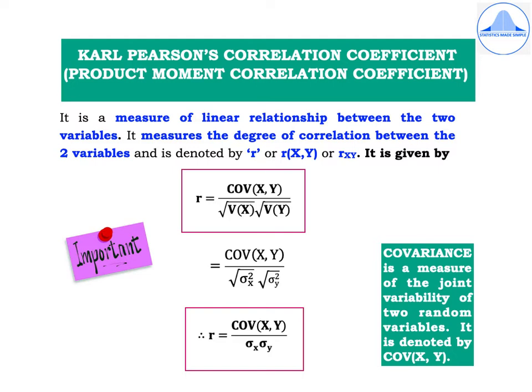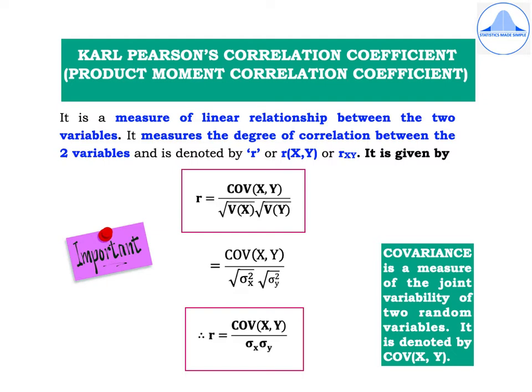In the second step, we have R equal to covariance of x comma y divided by root. You know that V of x has the notation sigma x square, and V of y has the notation sigma y square. So we get the second step as covariance of x comma y divided by root of sigma x square into root of sigma y square.